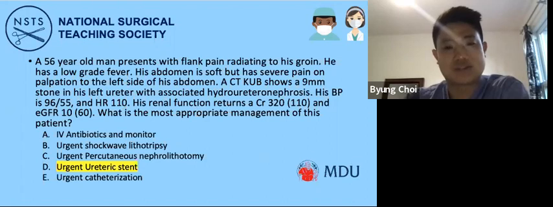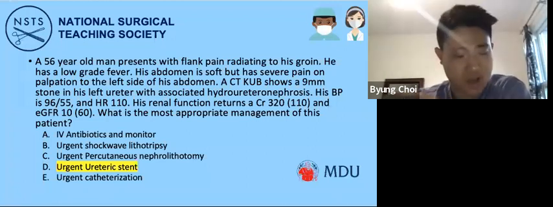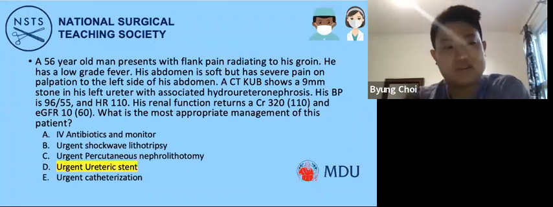So this patient is clearly pretty sick. Now, when you've got an obstructing stone, which this man has, because he's got a hydroureteronephrosis, so he's got the ureter being dilated with fluid leaking out, as well as that kidney, and the pressure is building.